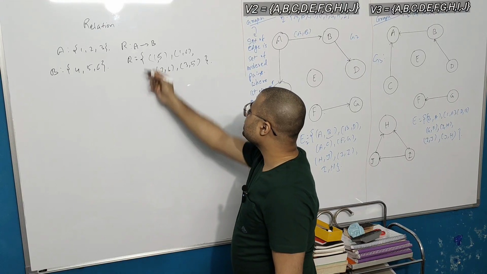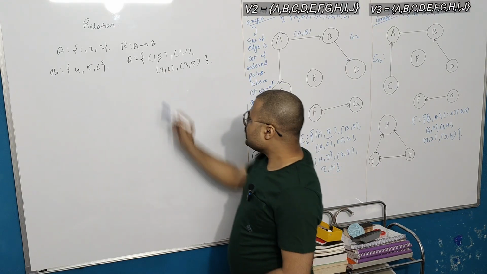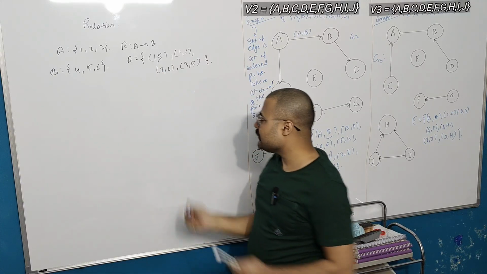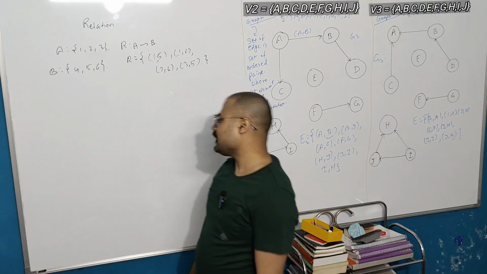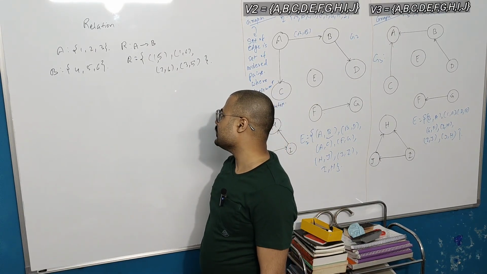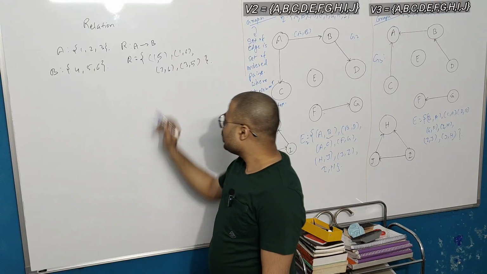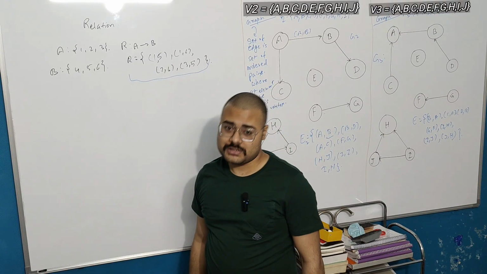That's it. Let's say this is your relation R. Now what I will be doing is that I am going to use this relation as a set of edges.